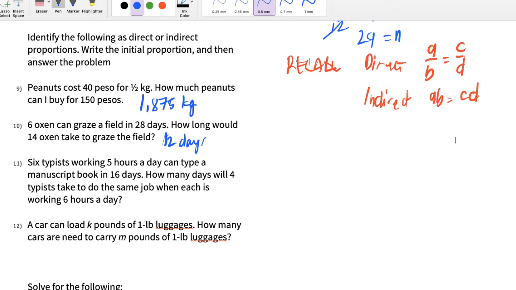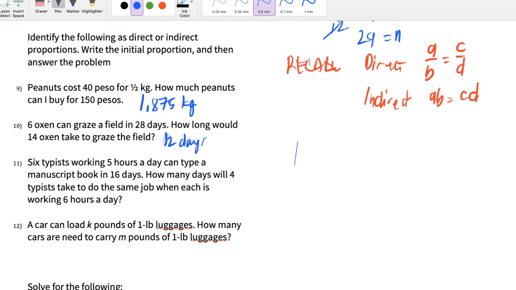Okay, para sa mga hindi nakagets kanina for number 11, indirect yung proportion natin. The proportion here is the ratio of working hours to days na para matapos.